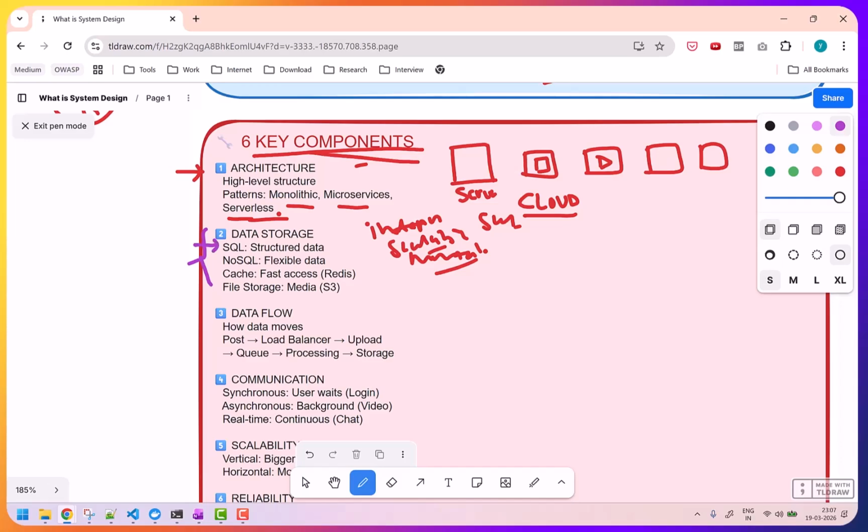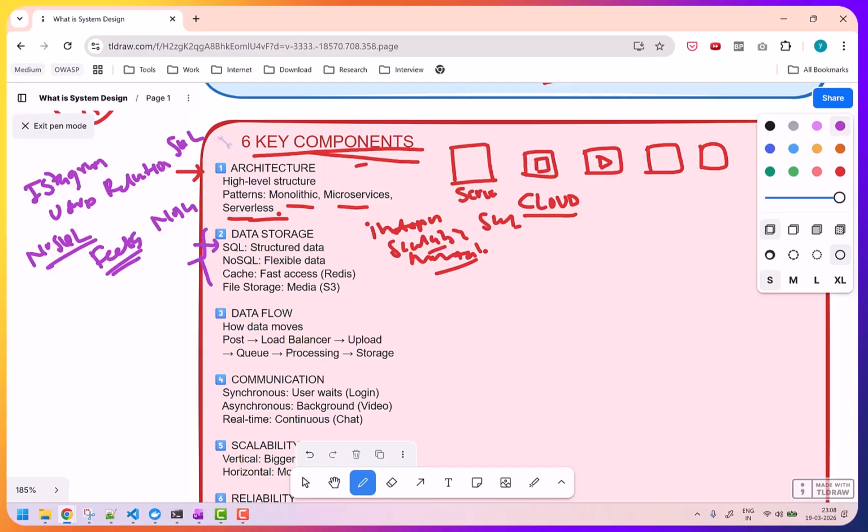So for example, when it comes to Instagram, the structured data, like user profile data, will go to relational databases, which is SQL, right? Then NoSQL: feeds data. Whatever feeds you get might go into a NoSQL database, possibly.